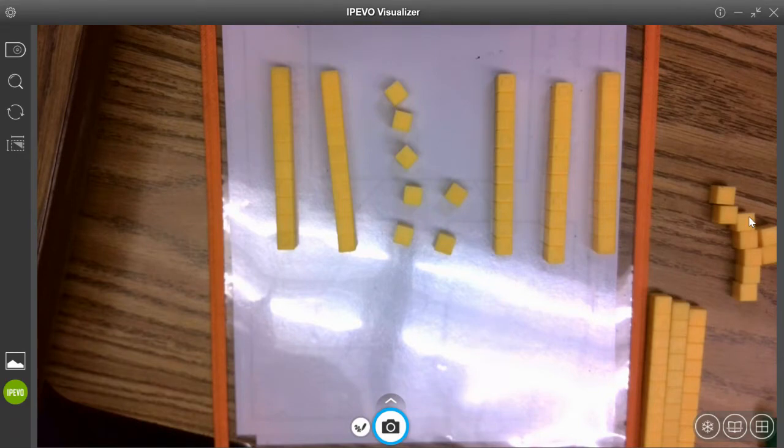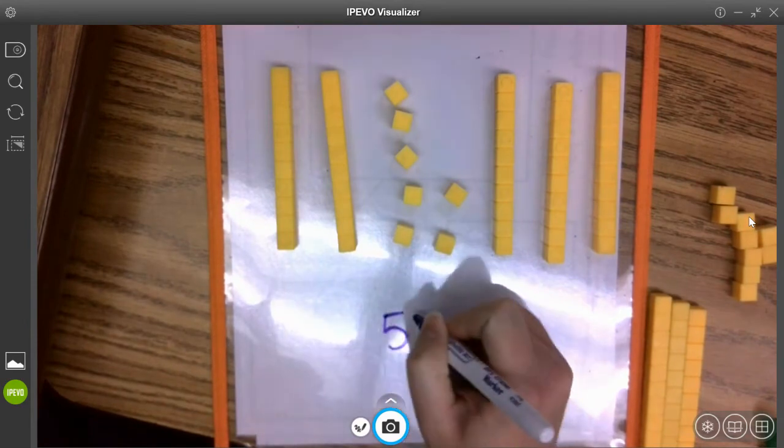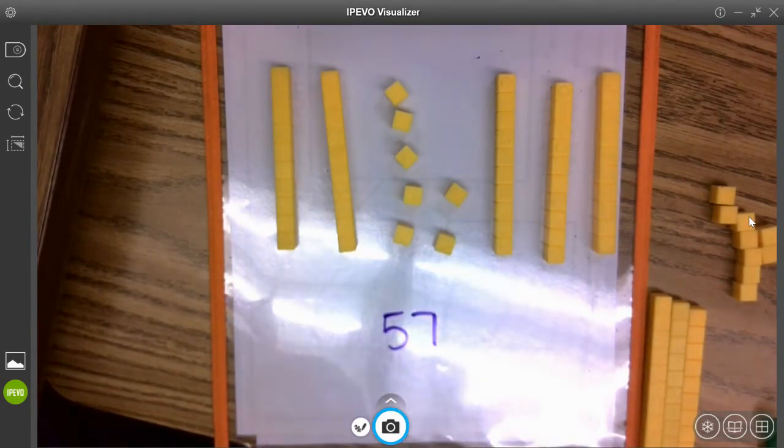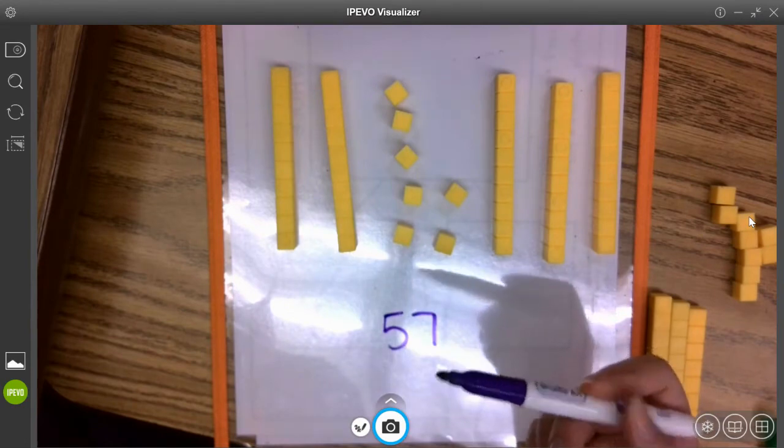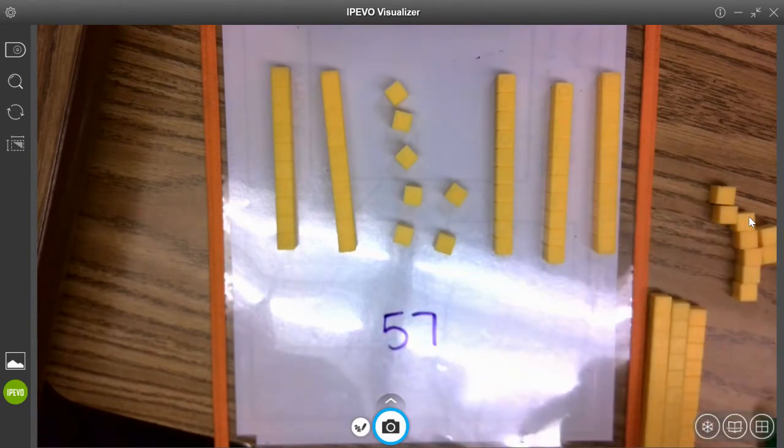Look, think, speak. 57. Is that what you got? Okay, so this one I did this way because I wanted to remind you that when you are counting, you have to keep the same things together. So first of all, we look to see if we can make a group of 10. Can I make a group of 10 here?